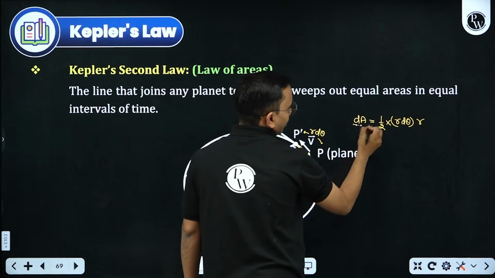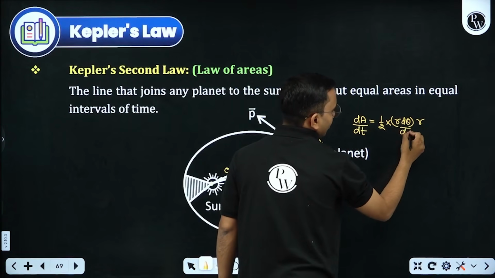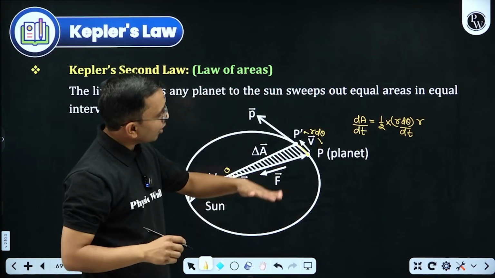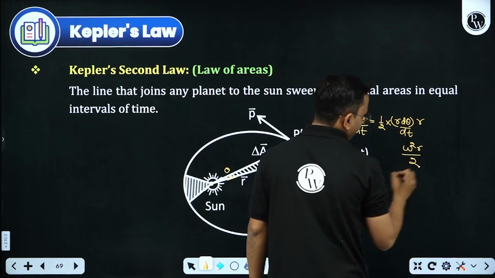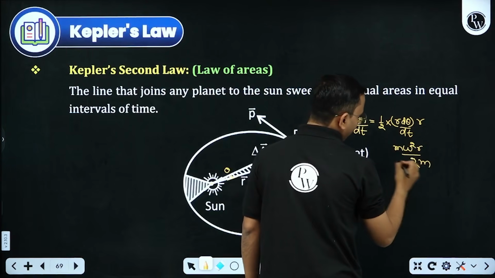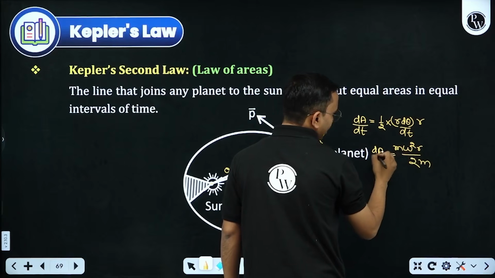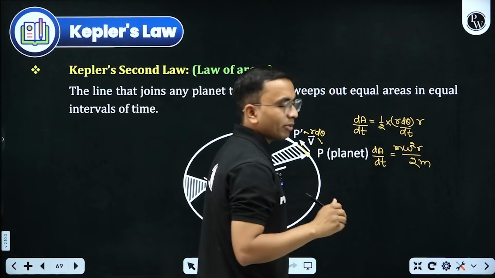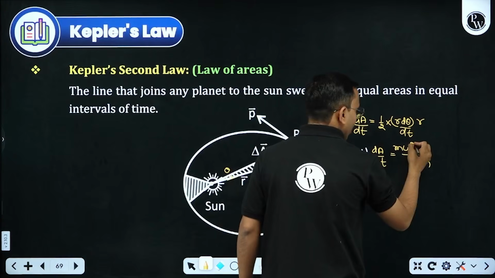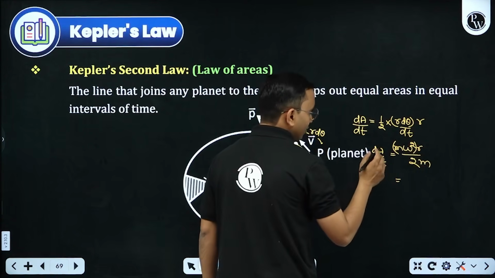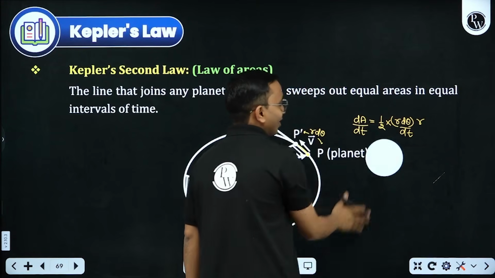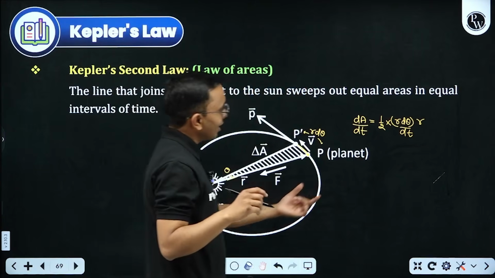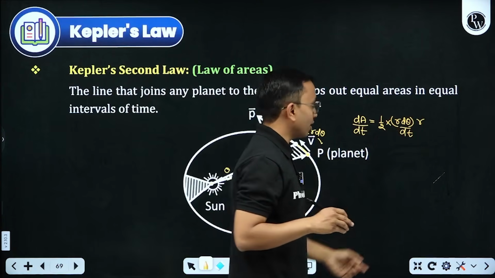And dA by dt: d theta by dt becomes my angular velocity omega. Sorry, I made a mistake: m r square is the moment of inertia, not m omega square.